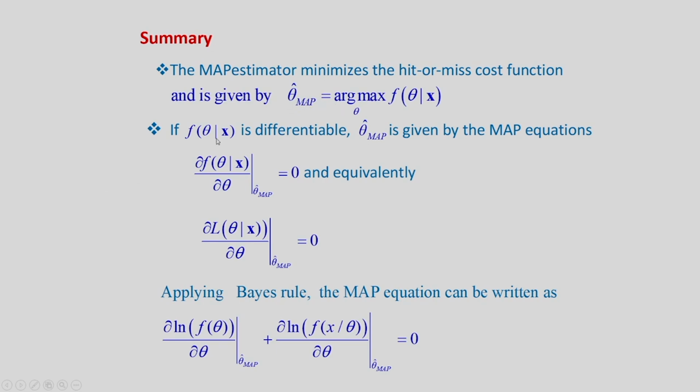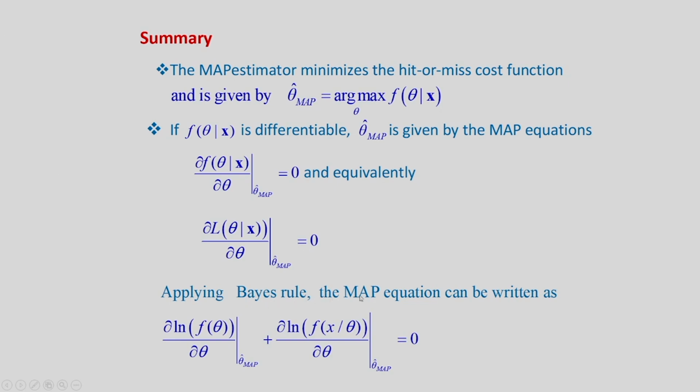If f of theta given x is differentiable, then theta hat MAP is given by the MAP equations, that is either in terms of the PDF, del theta of f of theta given x at theta hat MAP is equal to 0, or in terms of the log likelihood function, del theta of L of theta given x at theta hat MAP is equal to 0.